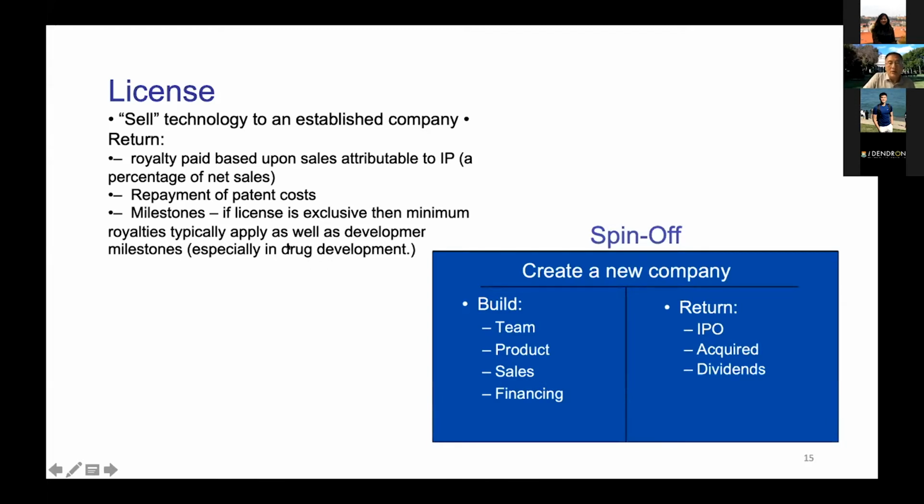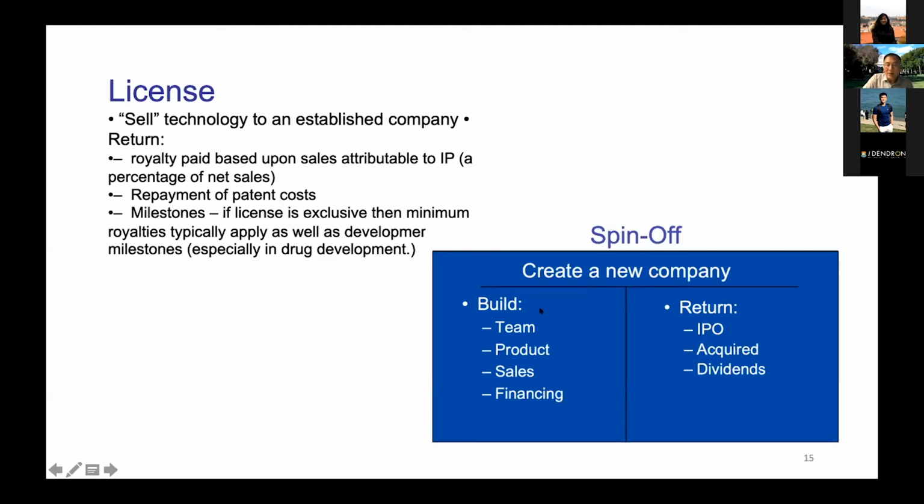Okay, so this is for licenses mainly targeting the established, usually big companies, or sometimes mid-sized companies too. If it's for a startup, or we also call it a spin-off, it will create either a new company, or it's going to be an already established startup company by a PI or by PI-related staff.